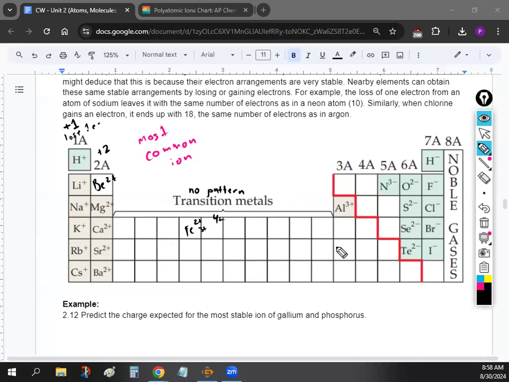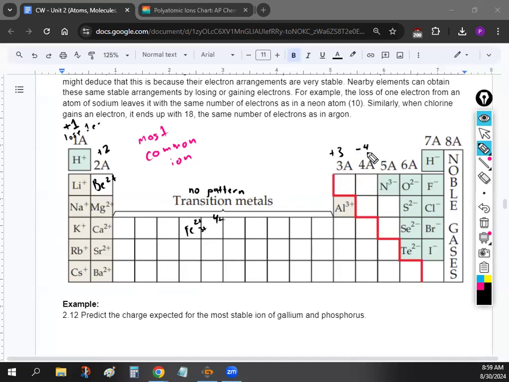Then we skip this middle section with the transition metals, and we go to this column right here, 3A. These guys are very simple. They want to become +3, so they like to lose 3 electrons. Now 4A right here.